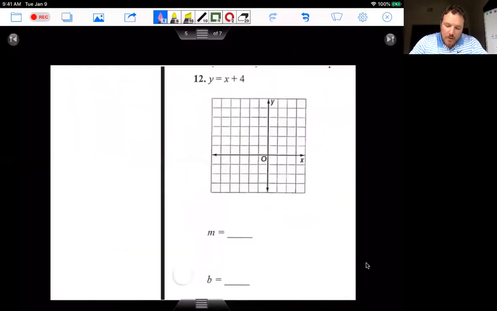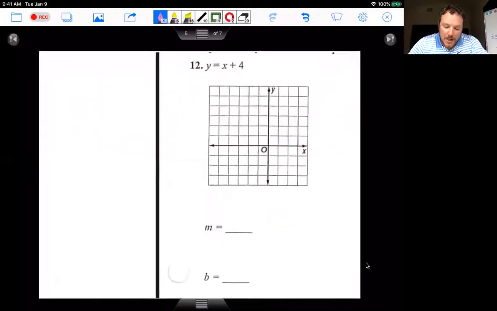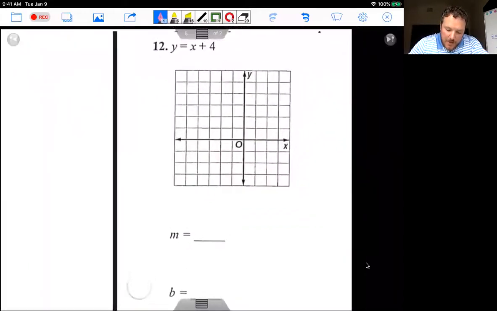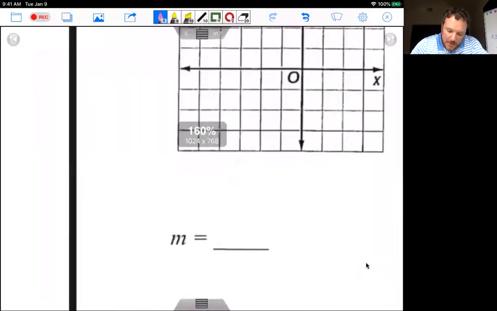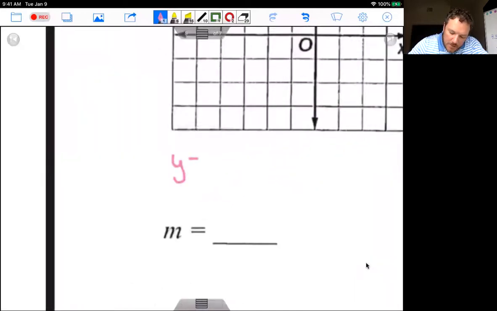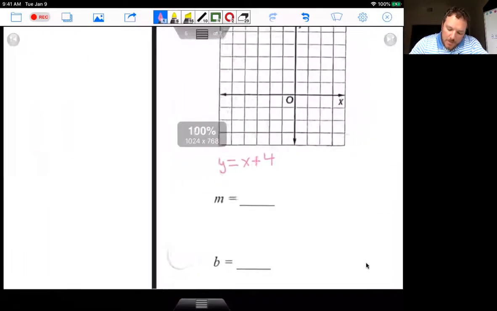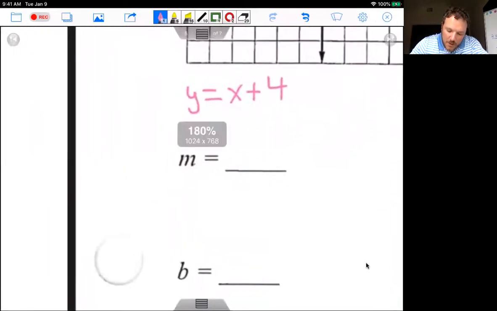Number 12, y equals x plus 4. So we're in slope-intercept form. We need to graph that. So I'm going to rewrite that here. Y equals x plus 4. So my slope is going to be 1. The coefficient in front of x is 1. But to graph that, I'm going to write that as 1 over 1.